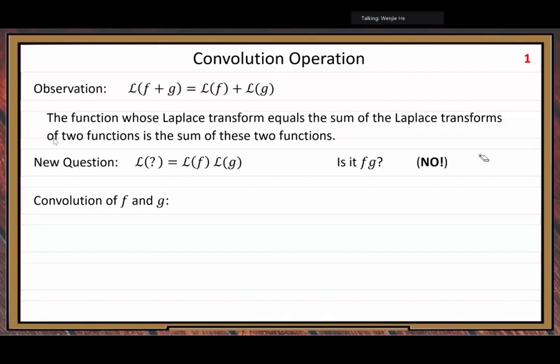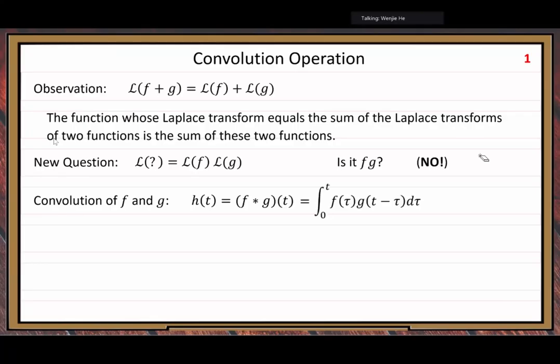Instead, there is a convolution operation of these two functions. We use this star notation because it's different from the product. It is a special type of combination of two functions, not a straightforward product. In some special way, although still using the product, we need to use an integral to define this operation.